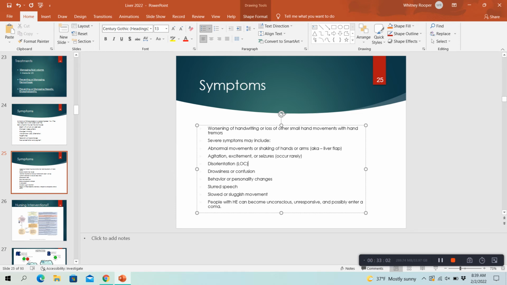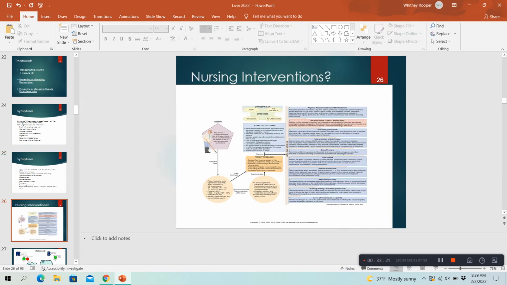Nursing intervention. Oh, wow. So our concept was cirrhosis. If you look at that, you have pain. They're going to be in pain. Infection. Fluid and electrolyte imbalance. And inflammation.